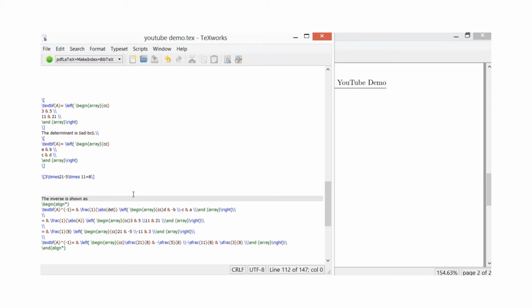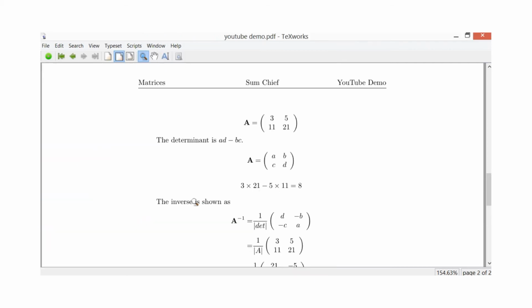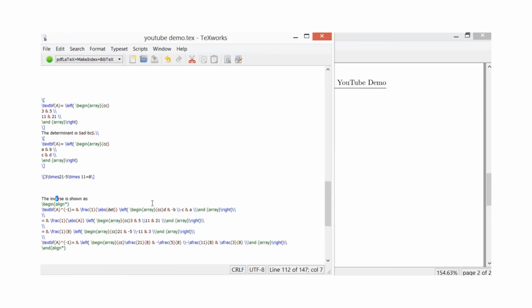So now back into text mode, the inverse is shown as, which is on this line here. So let's go back, jump to source. Okay, so now for maths mode this time I've gone for begin align. This then will align all the matrices so they align up to the ampersand that I nominate.